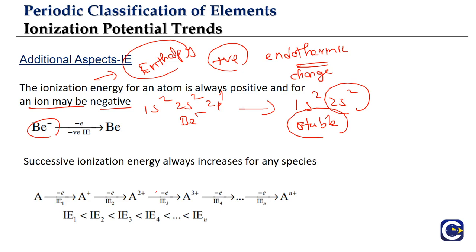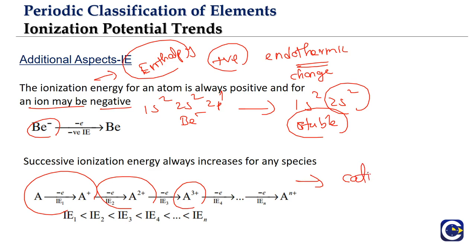And when we look at successive ionization energy values, what does successive ionization energy mean? A becomes A plus is IE1. A plus becomes A2 plus is IE2. A2 plus becomes A3 plus is IE3, and so on. So when you are removing the next electron, what we need to keep in mind is that we are not removing an electron from an atom.